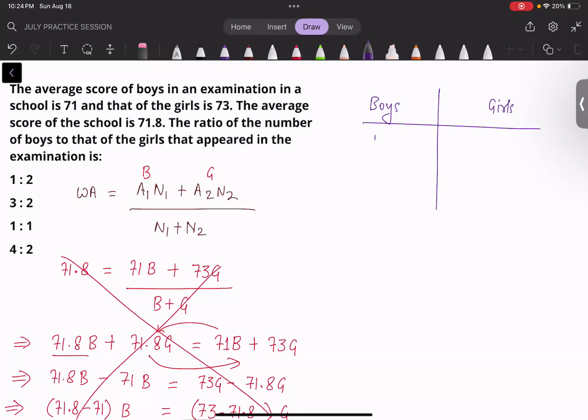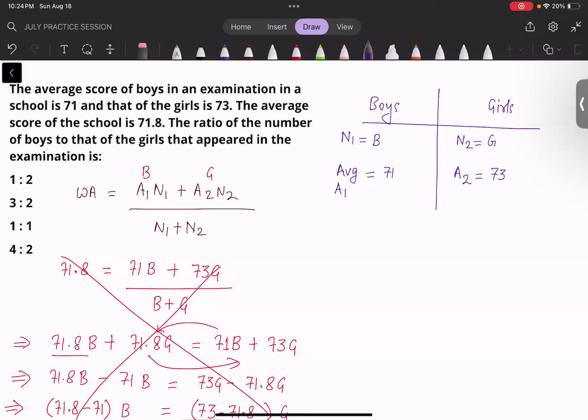So number of boys are B, number of girls are G. Average of the boys, I'm calling it A1, so this is 71. And average of the girls, A2, that is 73. All right.